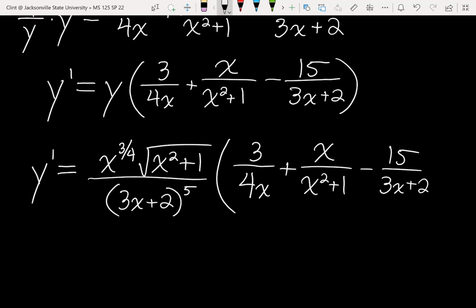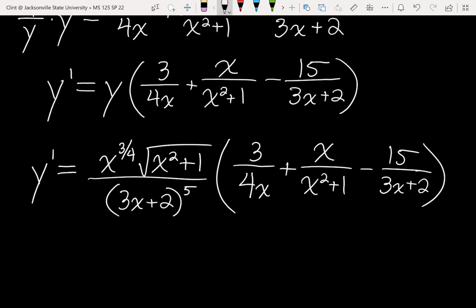And it's long, but we really didn't have to work hard. I haven't done it, but I just imagine trying to come up with this using product rule, and then we're going to have a quotient rule with a product rule inside of it, and then we get chain rule in there, right?